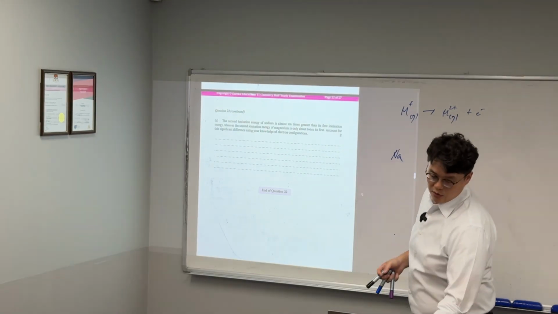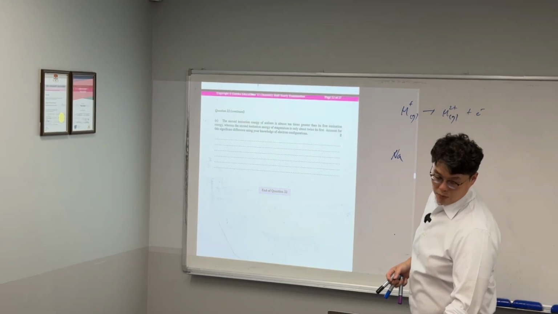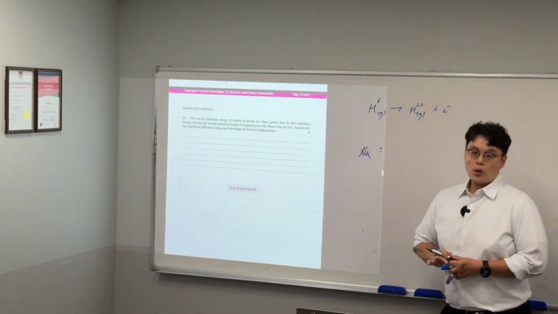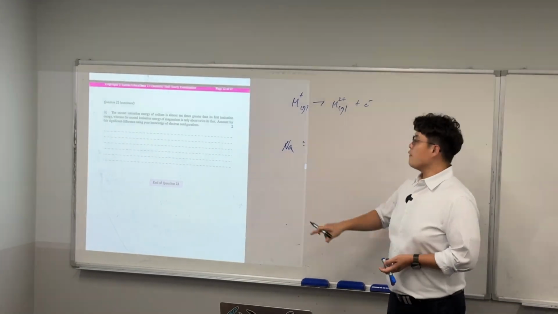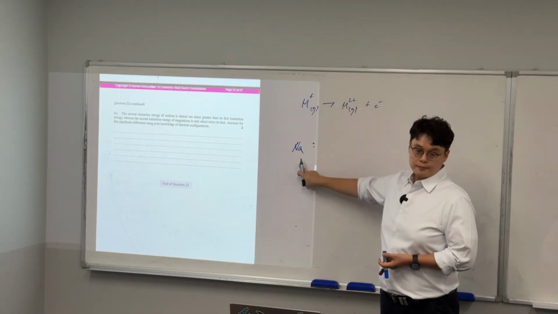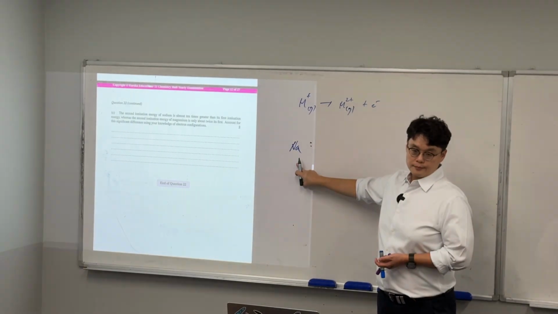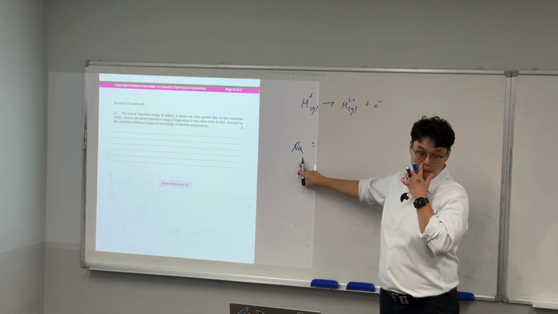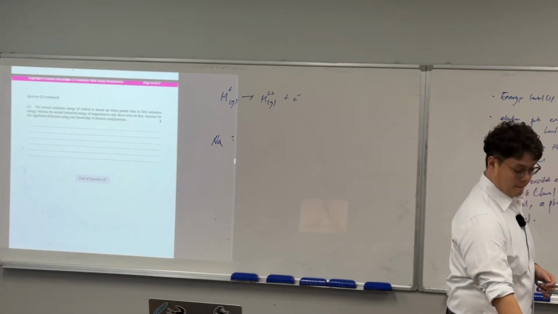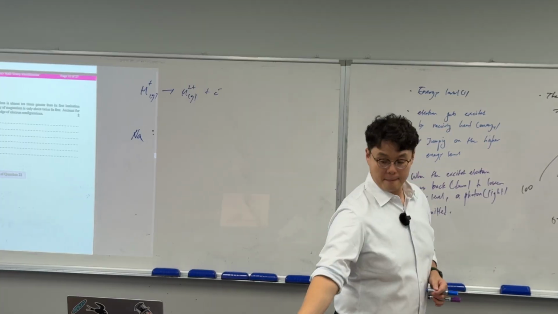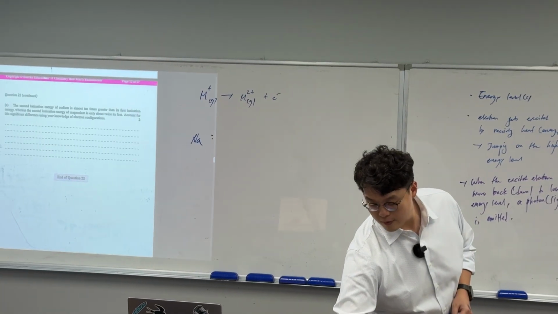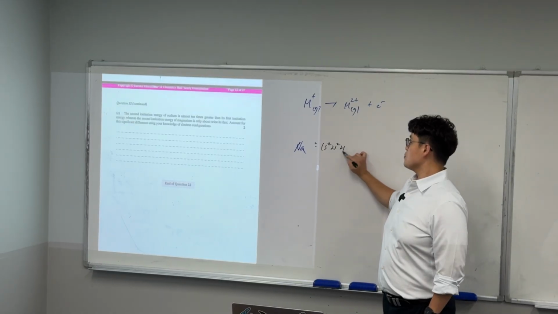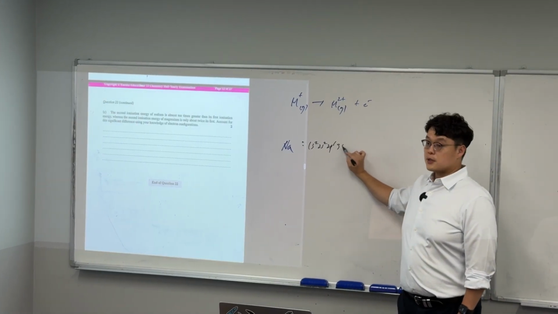So use the electron configuration, the SPDF configuration. So let's start here. What's the SPDF or electron configuration of sodium? One S2, 2S2, 1s2, 2s2, 2p6, yes. 3s1.